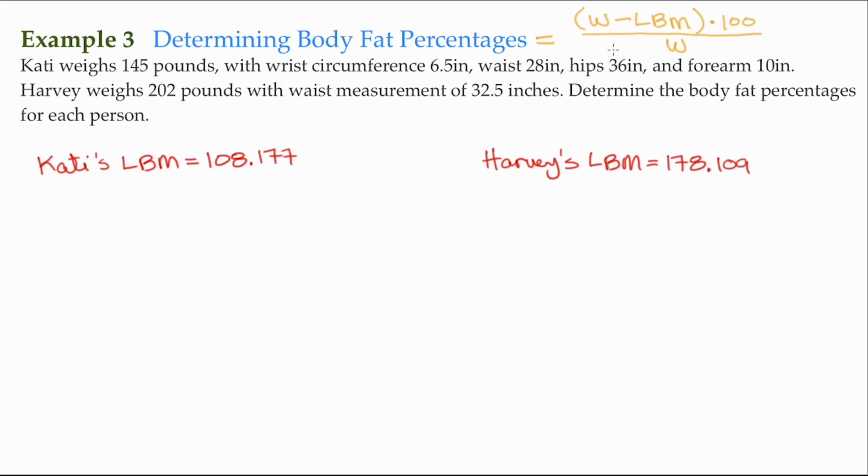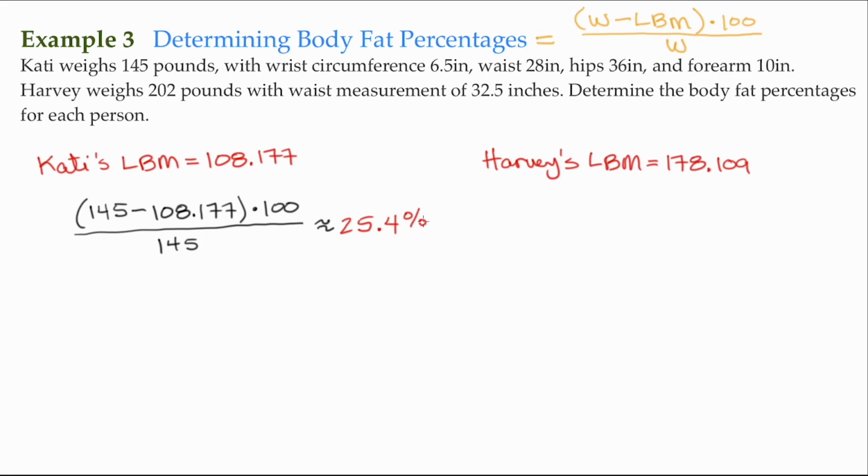So then for Katie's body fat percentage, we take her weight, that's 145, minus her lean body mass, which we determined to be 108.177, times that by 100, and then divide that by her weight of 145. So her body fat comes out to be approximately 25.4%. And body fat is always expressed as a percentage.